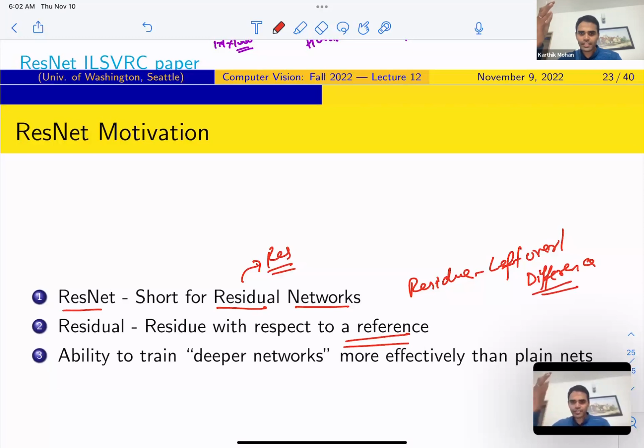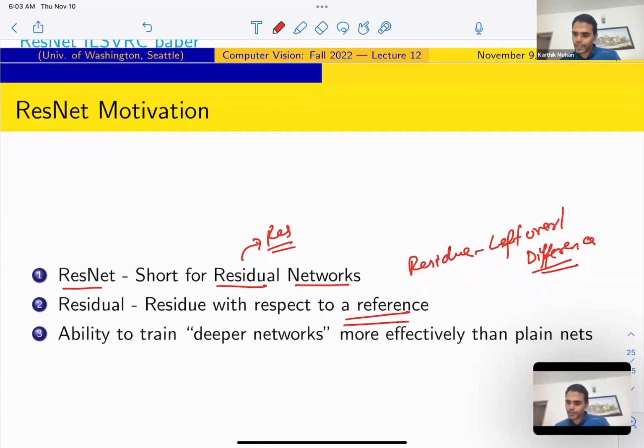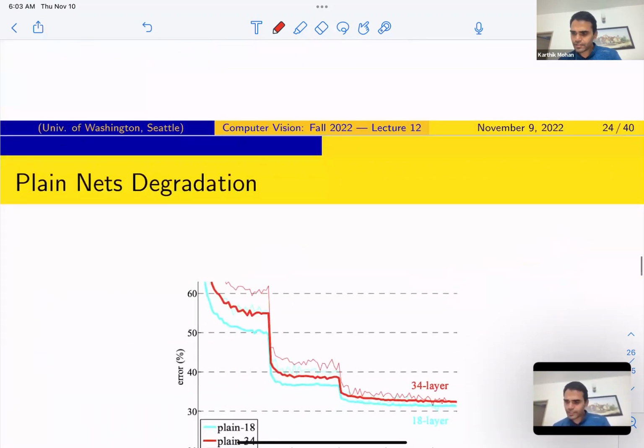So there is a reference, and then with respect to a reference, there is something that's left over. That is the residue. And so it's a residual connection and a residual net or a ResNet. So that's the naming convention, that's how ResNet came up. And ResNet has an ability to train deeper networks more effectively than PlainNets. So let's look at why that's the case.